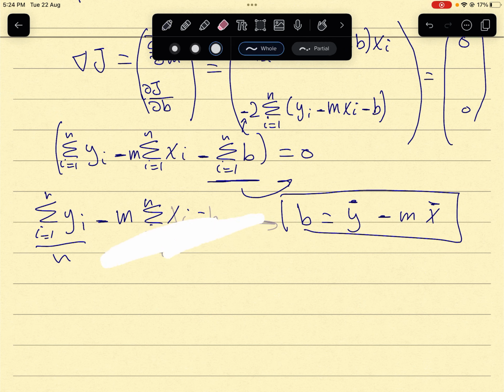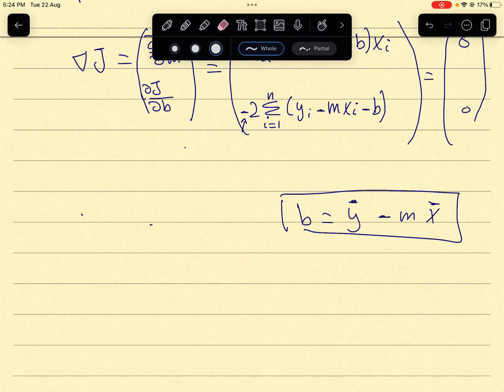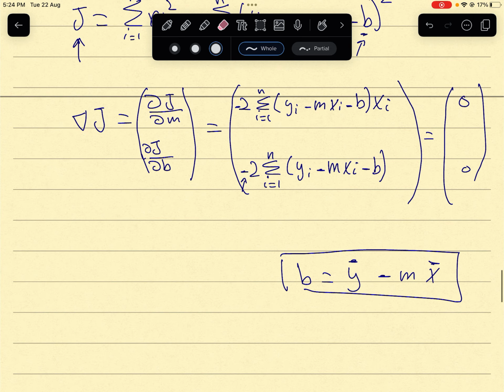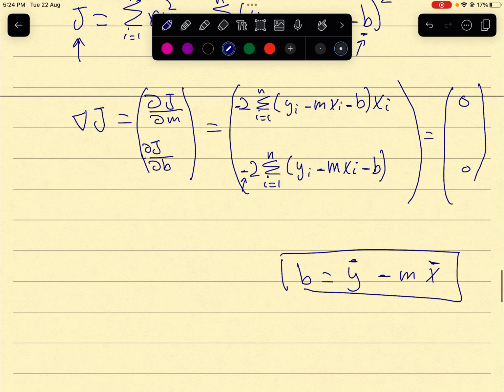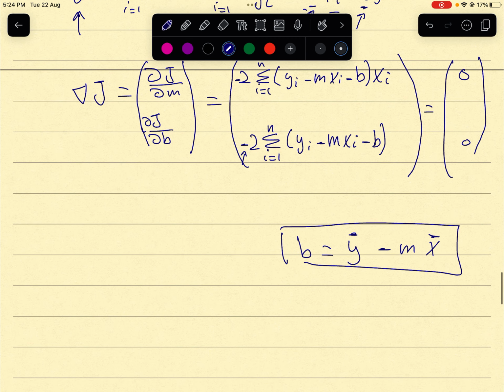now I will try to find the value of m. First I can start with the first equation. I can discard the minus 2, okay, because the equation is equal to 0. So summation i equals 1 to n of yi minus summation i equals 1 to n of m xi.